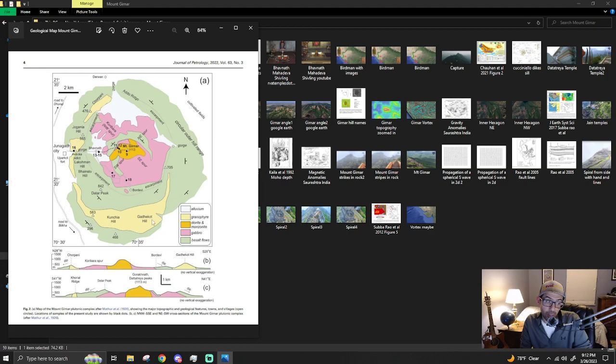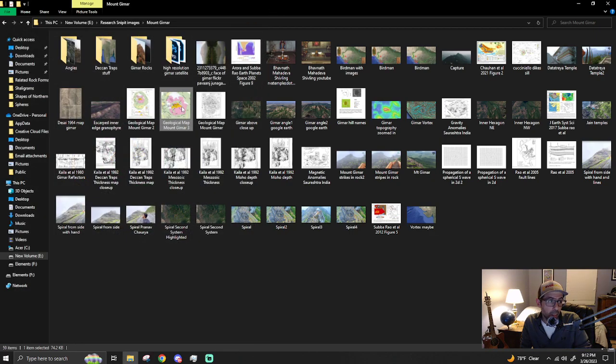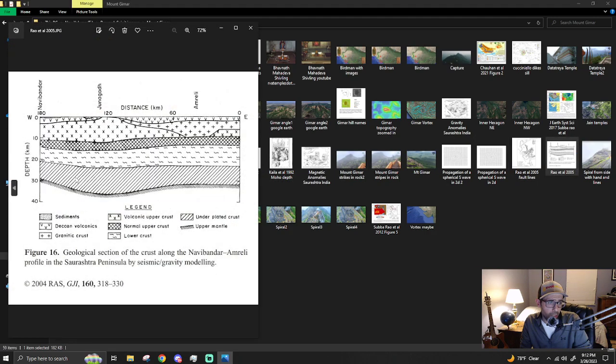It makes me think of this. Mind you, Gurnar looks like this according to scientific papers, where the Moho is physically down below it, and then it looks like this. Which kind of looks like an ammonite, I would say.